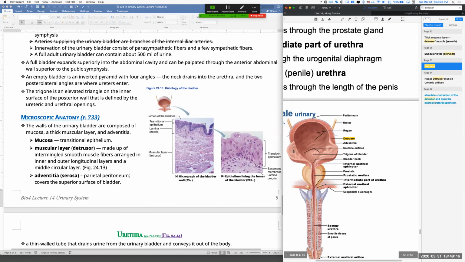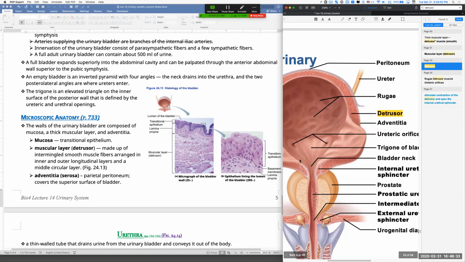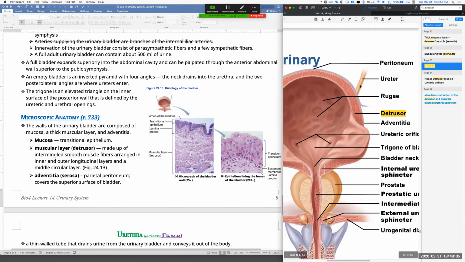Now, the trigone is an elevated triangle on the inner surface of the posterior wall of your bladder, and it's defined by the ureteric and urethral openings. Here are your ureteric orifices, where the urine inside the ureters exits the ureter and enters the bladder.